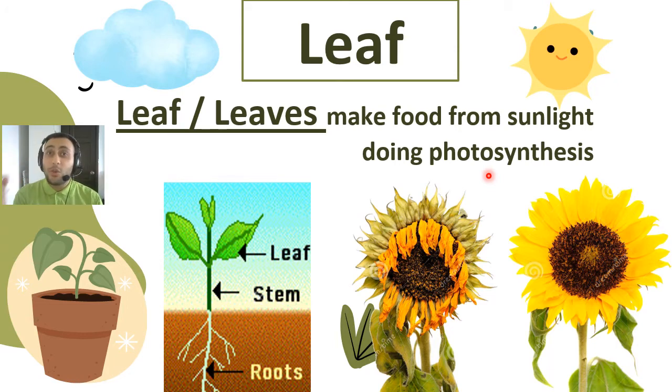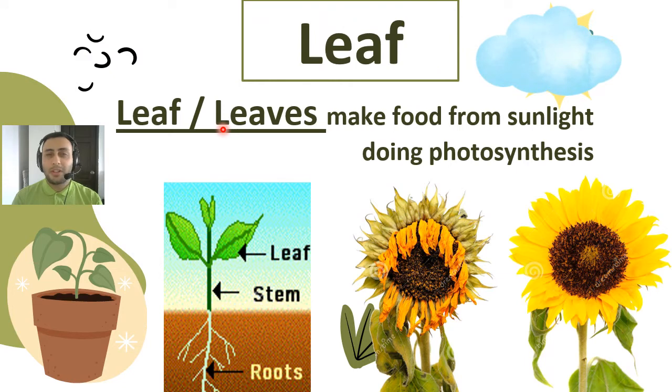And when they do photosynthesis, a lot of amazing things happen. But one of them is that they make their own food. So they get their food from soil, but also they make it using sunlight. That's amazing. So that's what leaf and leaves are for.